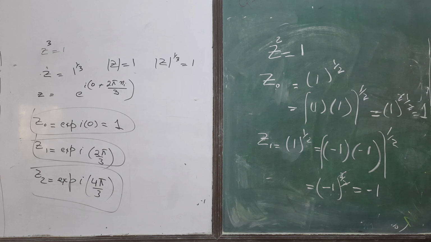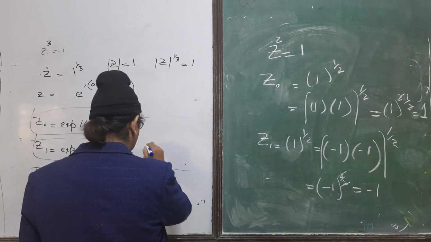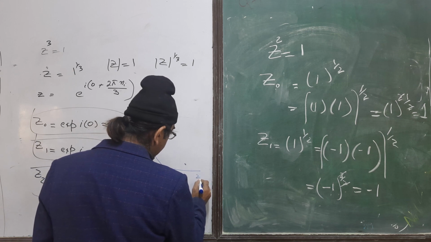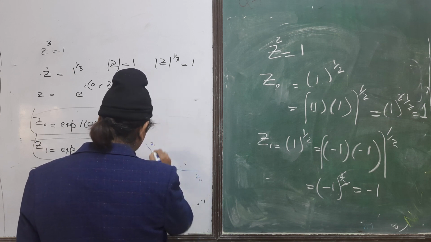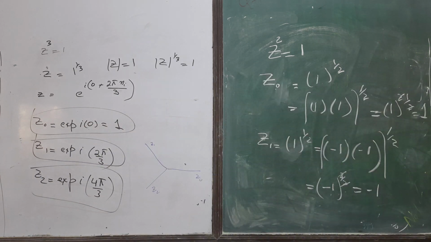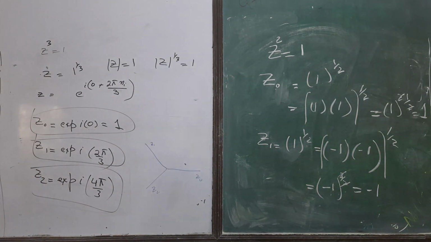So there will be 3 different values of this. Okay. And Z0, Z1, Z2. These will be 3 roots. Okay. So in this way, you may find the different roots related to.